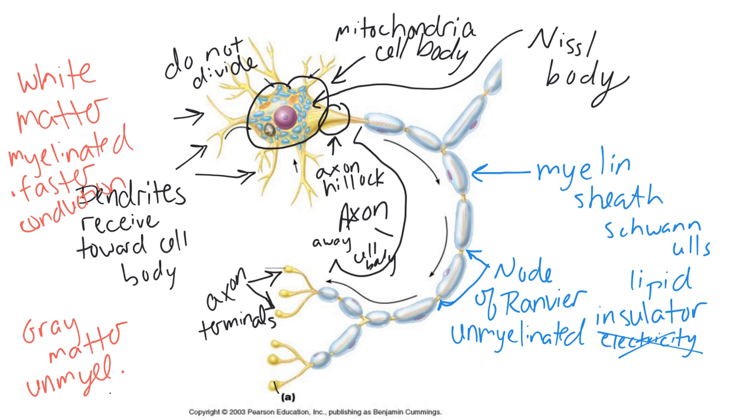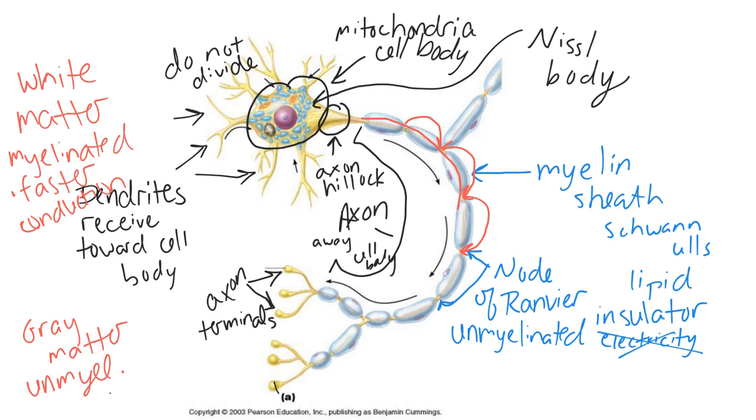And that is going to be faster because the message can actually jump. Okay? It'll jump from node to node like this, instead of having to travel through every single bit like it would on a gray matter or an unmyelinated neuron. And so since it can jump or leap from node to node, the message will actually travel faster, right?